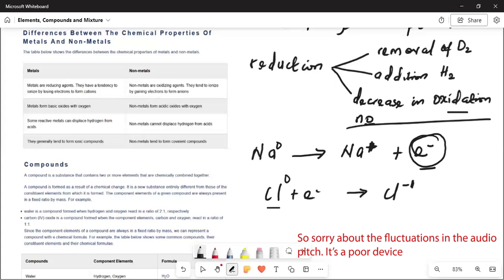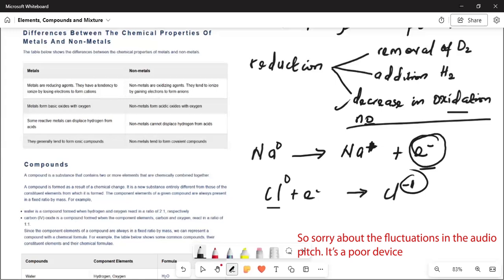And the thing that accepts the electron, the oxidation number of that thing will decrease. Decrease in what? Oxidation number. That is why we say that metals are reducing agents because they are the ones donating electrons. As they donate the electron, the non-metal accepts them, then the oxidation number of the non-metal decreases from 0 to negative something. I hope that explanation is clear enough.